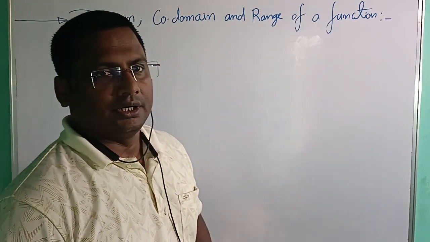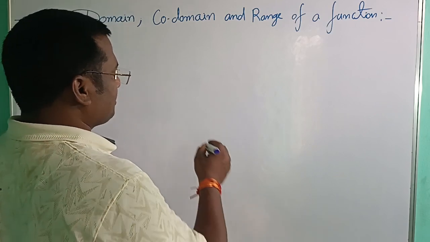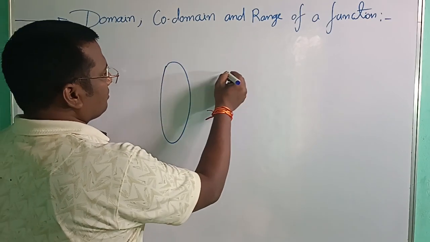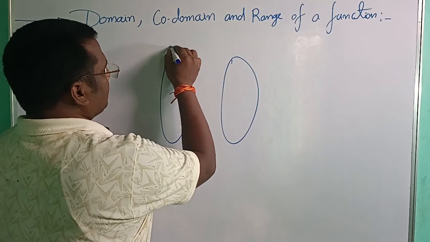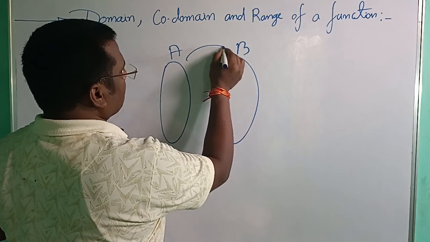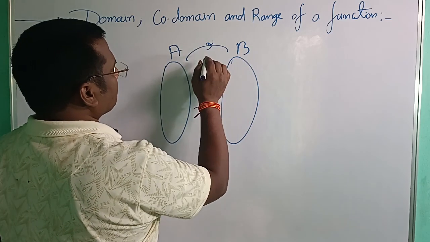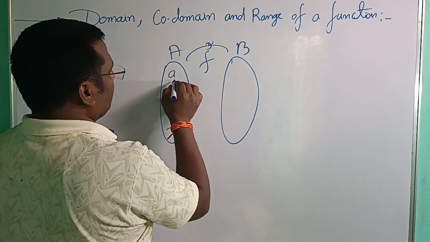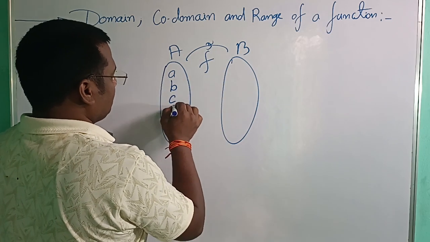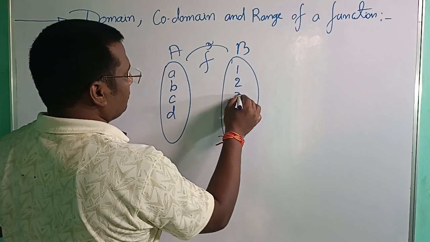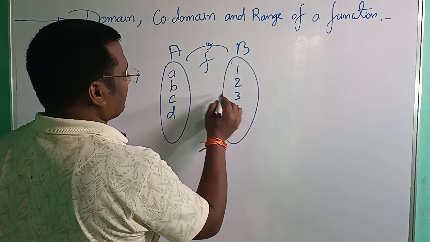Okay, let us consider two sets. This is A, B. A: a, b, c, d; B: 1, 2, 3, 4, 5.